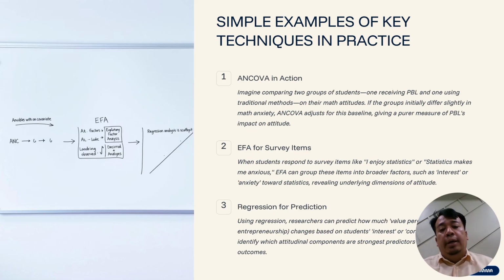Students who say they enjoy statistics and feel anxious can be grouped under factors like interest or anxiety. Finally, regression helps answer questions like, does a student's interest level predict how valuable they think statistics is? This tool provides meaningful insight beyond what a raw score can show.